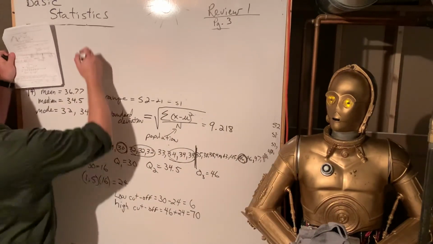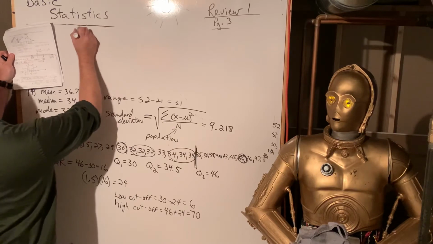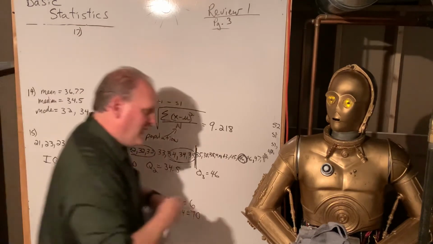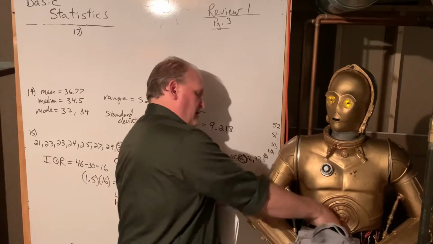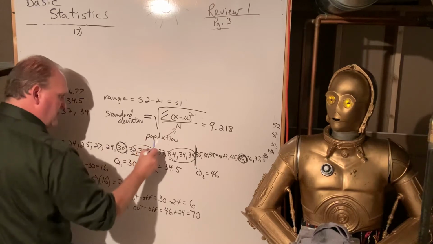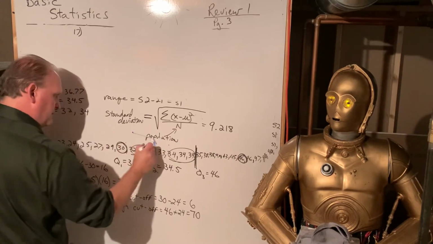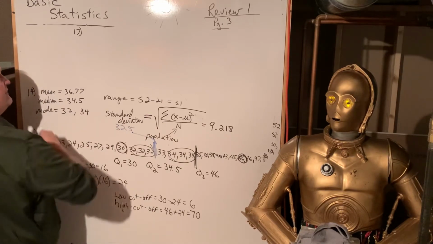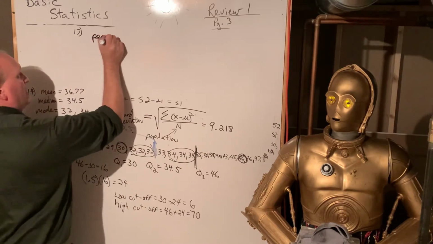So now we're doing number 17, the percentile of 32.5. In this set of data, 32.5 would happen right here. So if I want a percentile of that value, remember how we find it.